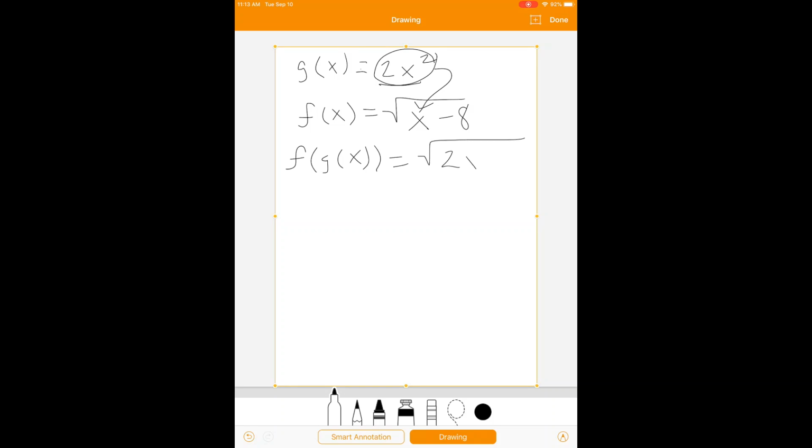So we have the square root of 2x squared minus 8. It is not possible for us to take the square root of a negative number. So when we think about 2x squared minus 8, we only want to focus on the x values that return a positive value.